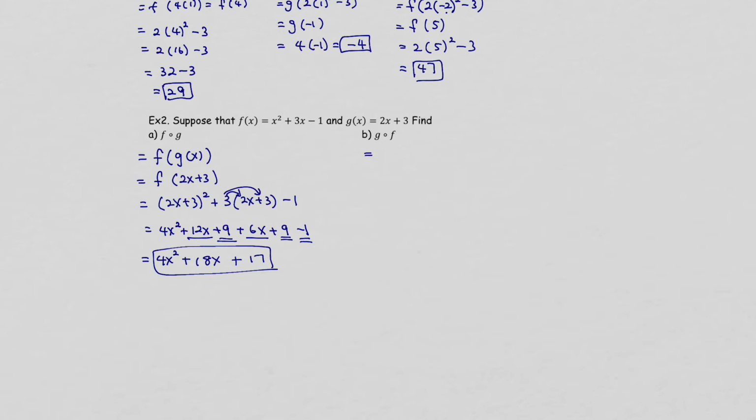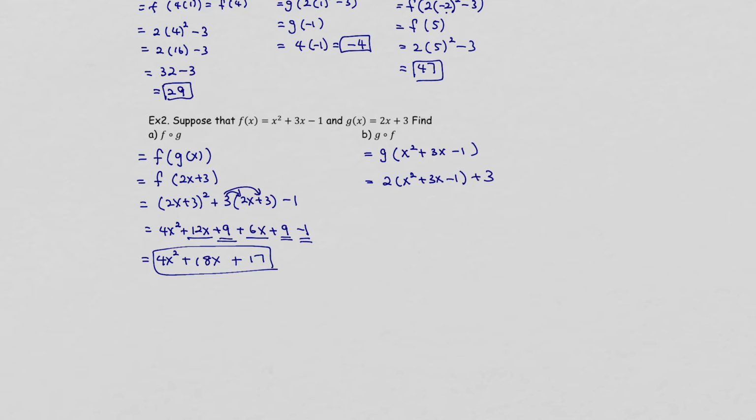Without the number, that's how you're going to find the composition functions. Let's try again with the same functions. We're going to go backward. So we're going to replace the f of x function into the g of x function this time. f of x is x squared plus 3x minus 1, into g of x. So wherever you see x in g of x, you replace it with x squared plus 3x minus 1, right?